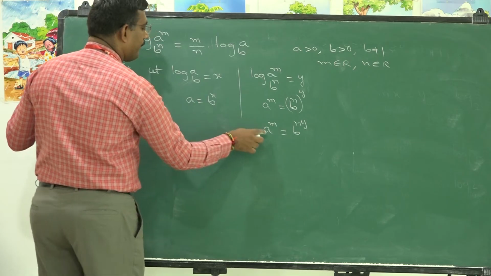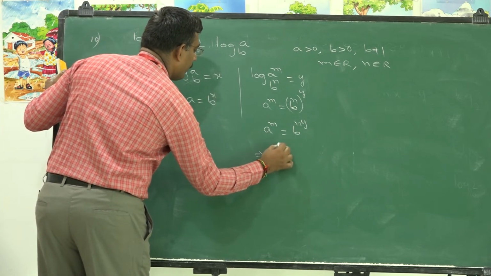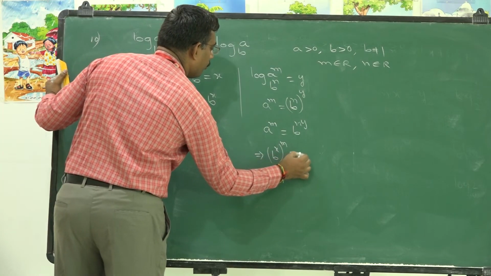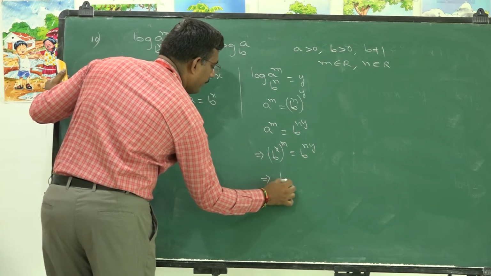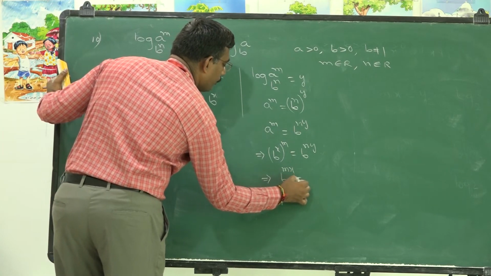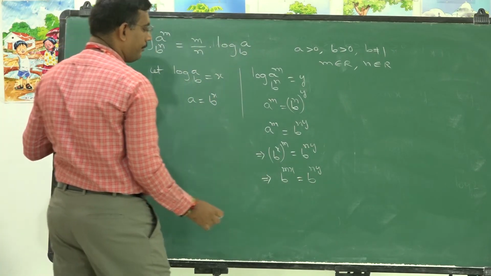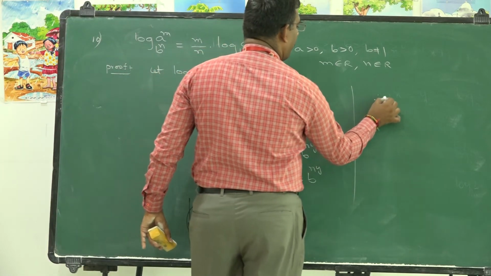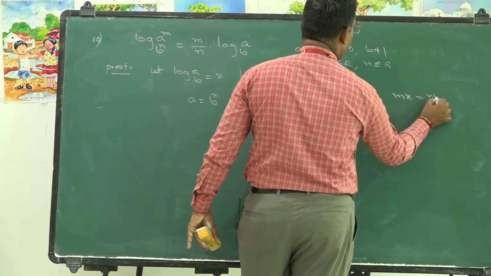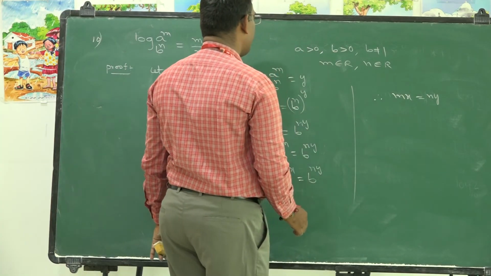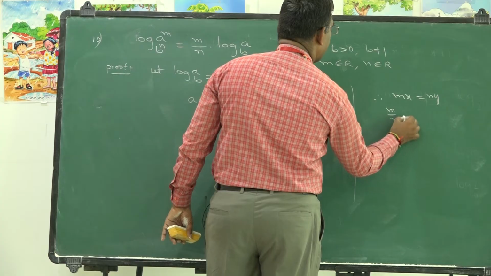So substitute a value here. That implies b power x whole power m is equal to b power ny. That implies b power mx is equal to b power ny. So here bases are equal, therefore mx is equal to ny. So m by n into x is equal to y.